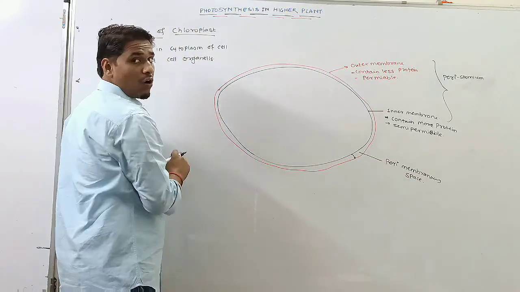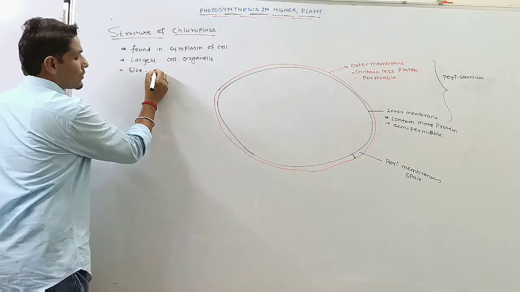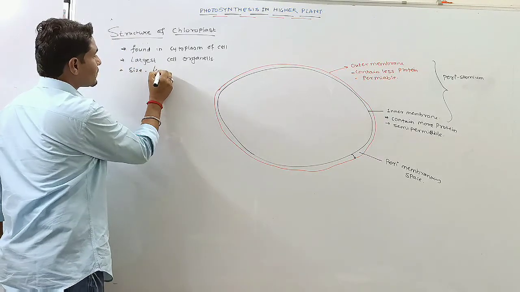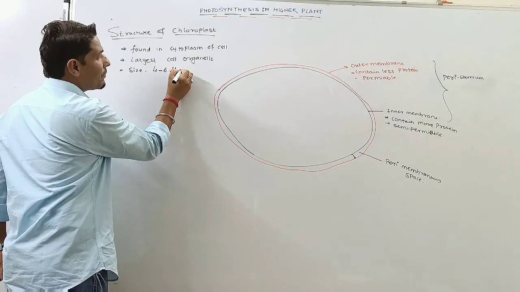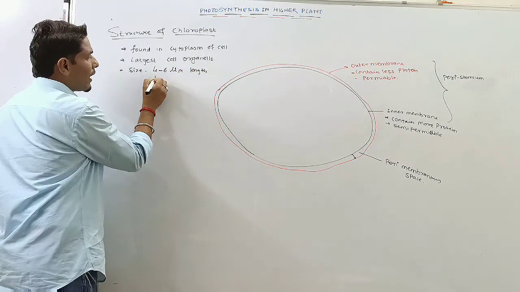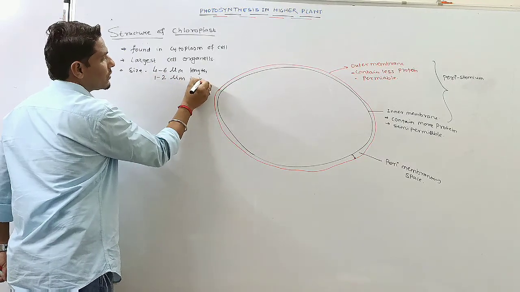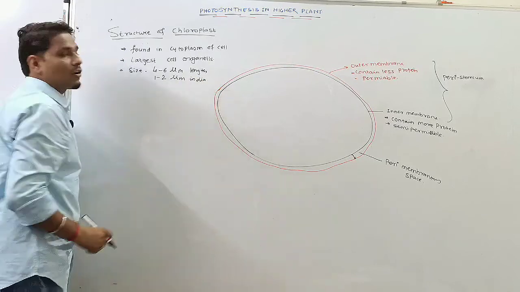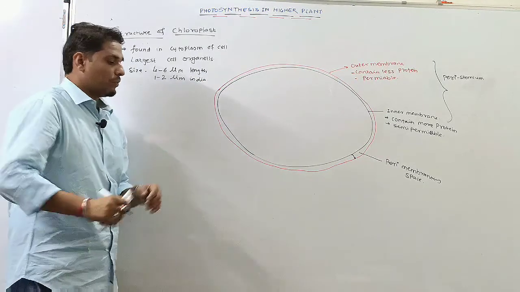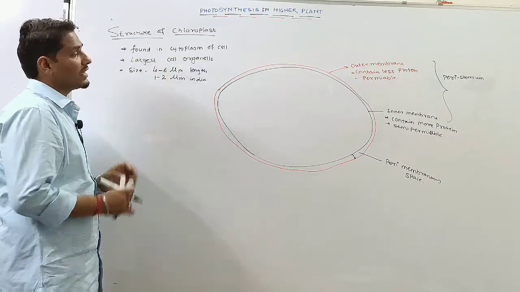The size of chloroplast, so 4 to 6 μm in length. Okay, but 1 to 2 μm in diameter. Okay, diameter कितना होता है इनका? 1 to 2 μm होता है, but length कितना होता है? 4 to 6 μm.